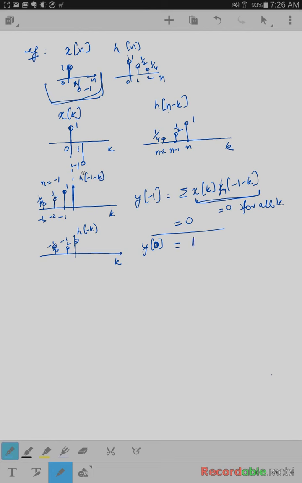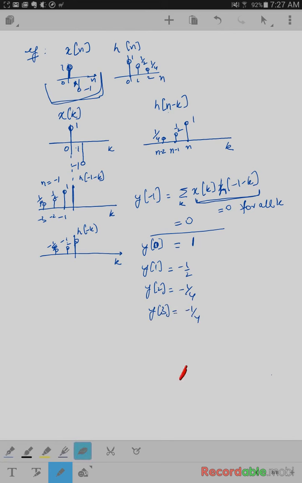You take essentially a product of these two and sum the product over all values of k. Similarly, if you plot this, you'll get y of 1 is minus half, and I really encourage you to check these. y of 2 equals minus 1 over 4, and y of 3 again equals minus 1 over 4.